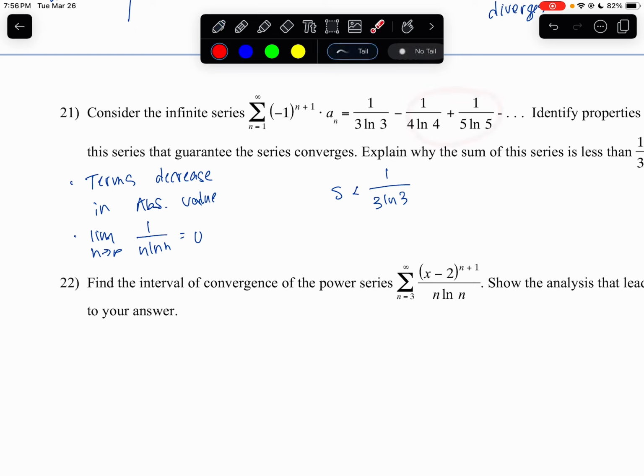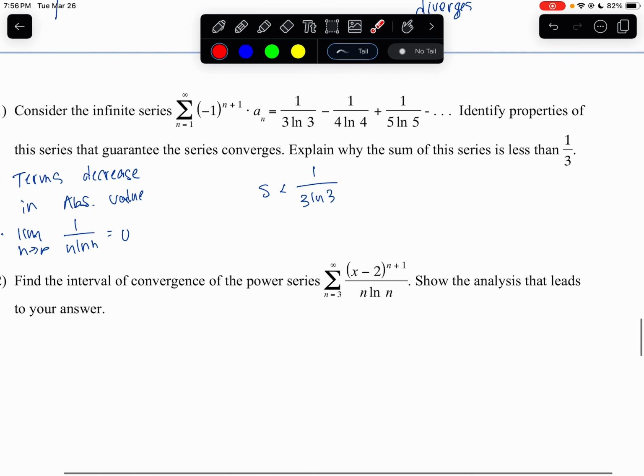Because you're going to keep chipping away at something like this right here, but it's also always going to be positive too. So that is the most that the series could be, right? And that right there is less than 1/3. So explain why the sum of the series is less than 1/3. There you go.